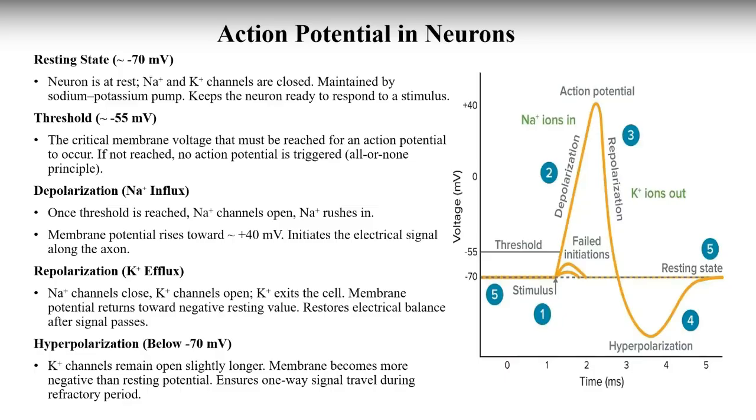So with the graph, when the impulse is at rest, it's negative 70 millivolts. And when it gets to the threshold, it means that the neuron is excited, and that one is negative 55 millivolts. When it reaches that state, it means it is ready to be depolarized. And what happens with the depolarization is that sodium moves in for potassium to move out.